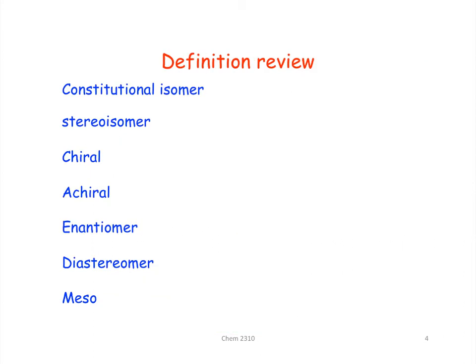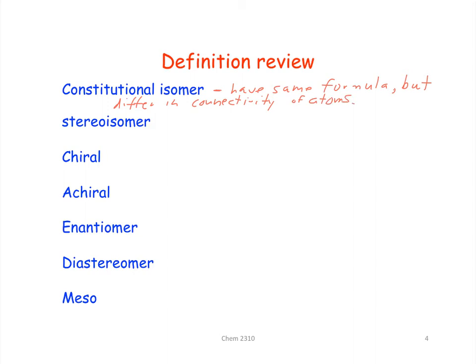All right, so let's just review a few definitions here. Okay, so constitutional isomers. Constitutional isomers have the same formula, but they differ in the connectivity of the atoms.